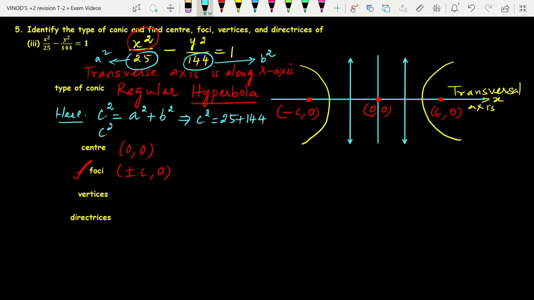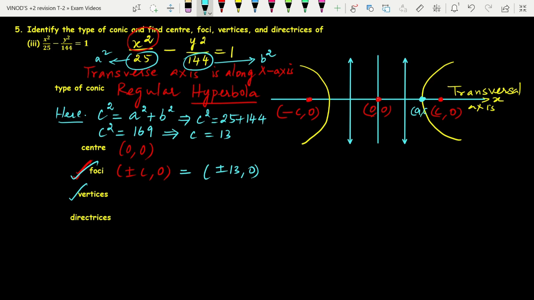So C square is equal to 25 plus 144. Therefore C square is equal to 169. From this C is equal to 13. So the foci coordinate is plus or minus 13, 0.